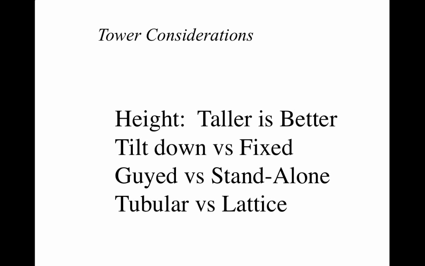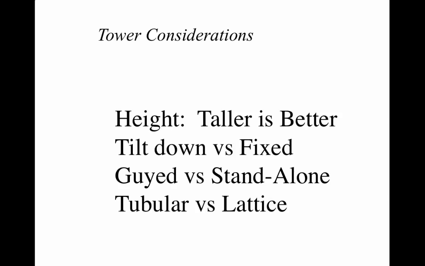Taller is better. There are several different kinds of towers. For small wind turbines, there are tilt-down towers, in other words, towers where you can use a little winch to lower it down so you don't have to climb the tower to fix the machine if it's broken, or to install it. And then there are fixed towers, which means you can't lower them to the ground. There are towers that use guys, which are cables that go off in usually 4 directions, and those cables stabilize the wind turbine tower.